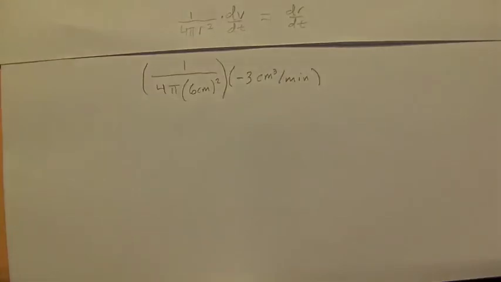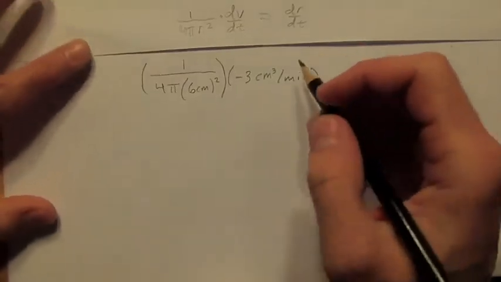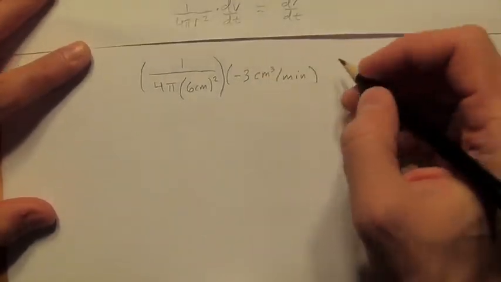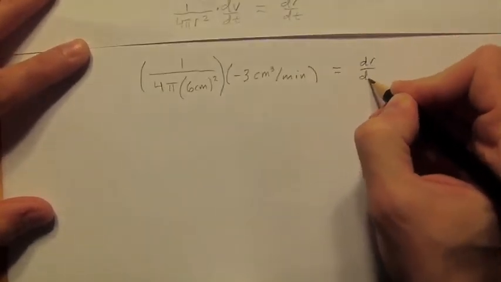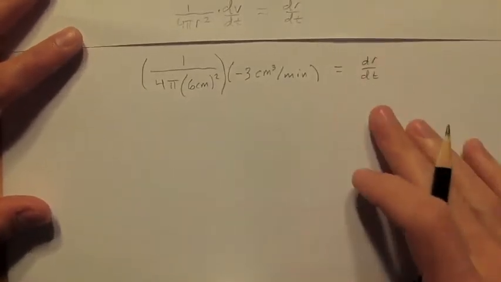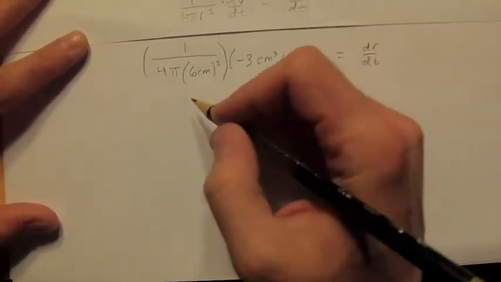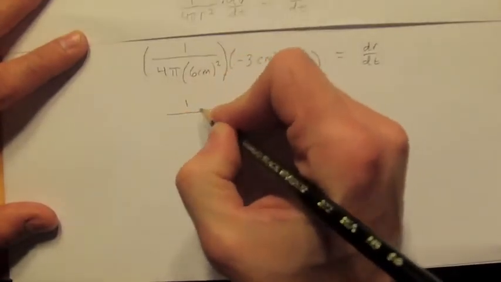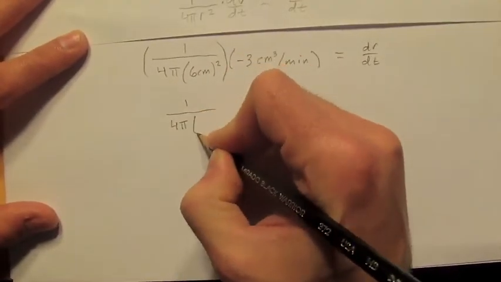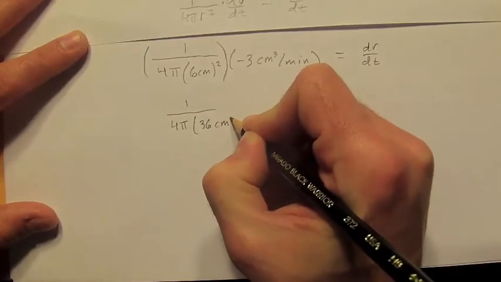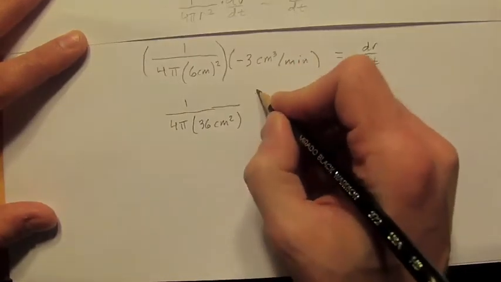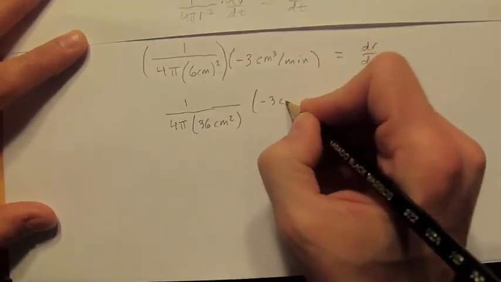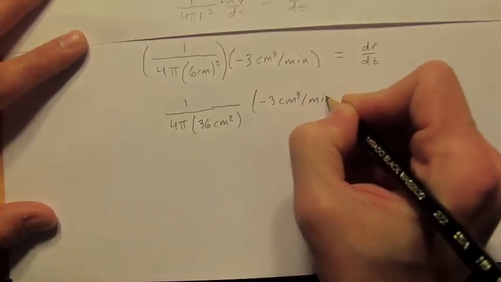Okay, any questions there? Sorry, force of habit. And this whole thing is equal to dr/dt. So I get 1 over 4 pi times 36 centimeters squared times negative 3 centimeters cubed per minute.